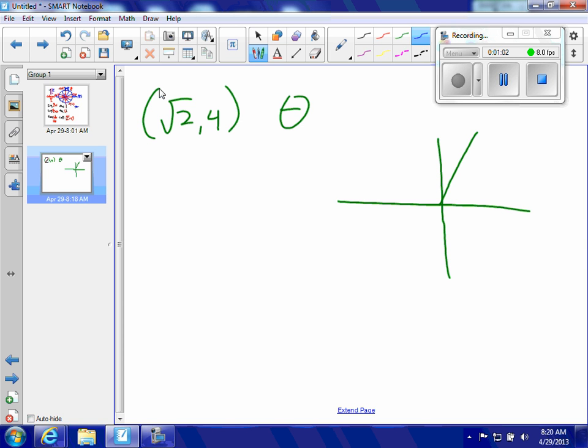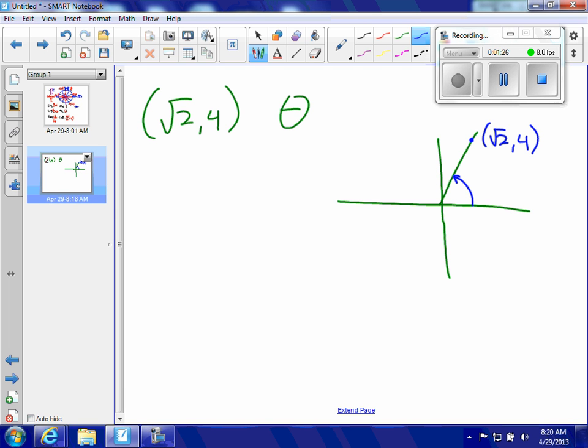So if I put in my angle there, and I know that this point is on the angle, and that point is radical 2, 4. And my angle is looking like that. That is my angle. That's the terminal side. Here's the initial side. The x-axis going positive is always the initial side. My terminal side is going to be right there because I know that point's right on it.